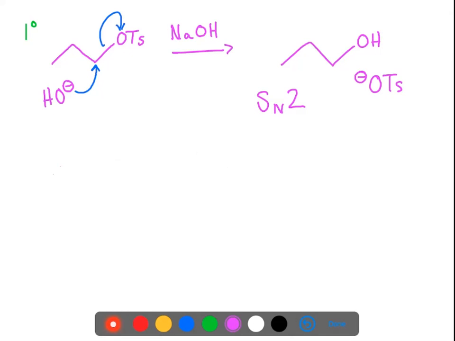reaction. In a second example, let's look at what happens when we use the same pseudohalide, but we change the reagent to tertiary butoxide. Now, the active species in tertiary butoxide will, of course, be the tertiary butoxide ion.